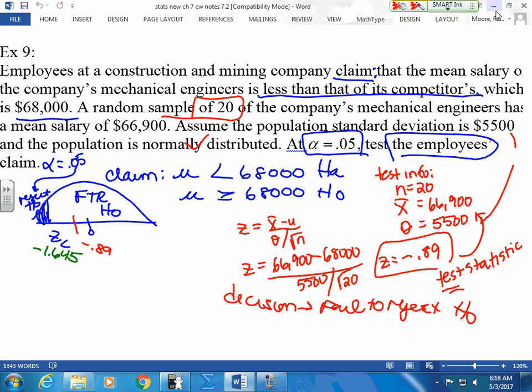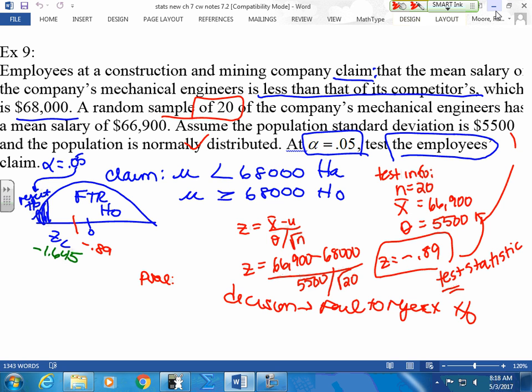But let's talk p-values for a minute. Where would my p-value come from? Where would I find my p-value? From my z-score. So I look at my table, negative 0.89. I look at my table, and I find my p-value.